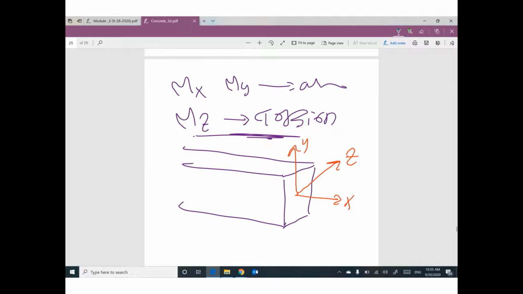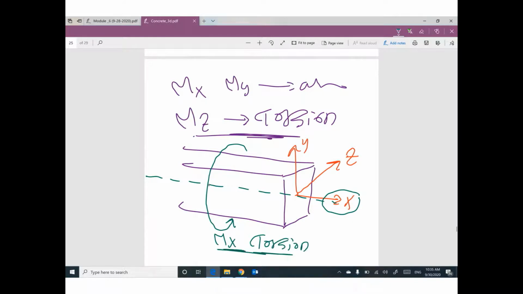My concern is which moment is rotating about the longitudinal axis of the beam. In our situation right now, your longitudinal axis is X. So MX will be your torsion. So keep it in your mind. The moment which is rotating about the longitudinal axis will be the torsion moment.